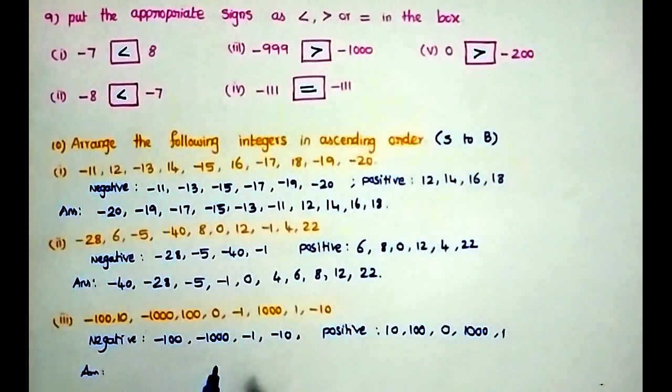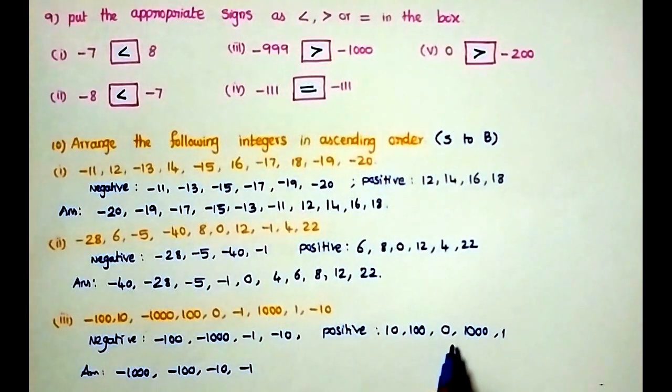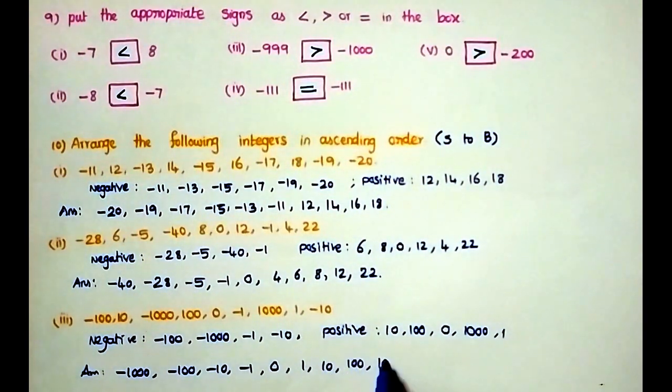Negative: minus 1000, then minus 100 and then minus 10, minus 1. Here 0 is there, so next 0 will come, and then 1, 10, 100, 1000. That is the answer.